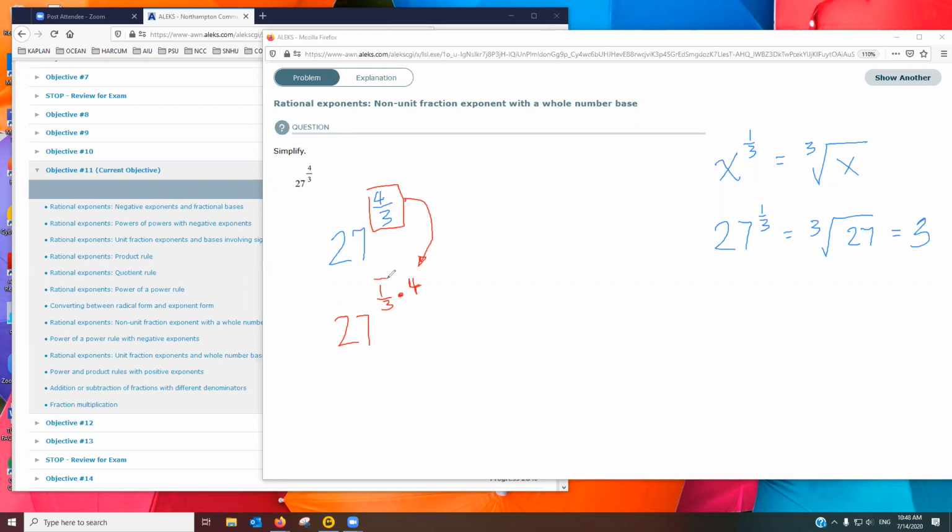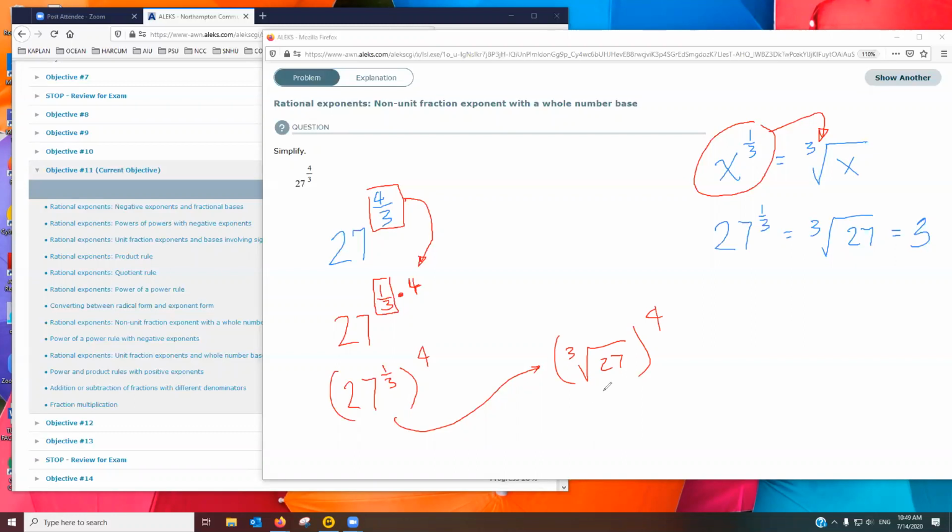The reason to do that is I want to separate out this 1/3 exponent so I can make use of this cube root setup. So the way I can think about this is 27 to the 1/3 being raised to the exponent 4, because remember, when you raise one exponent to another, you multiply exponents. So I can separate the 27 to the 1/3 inside the parentheses like this. But I know 27 to the 1/3 is the cube root of 27.